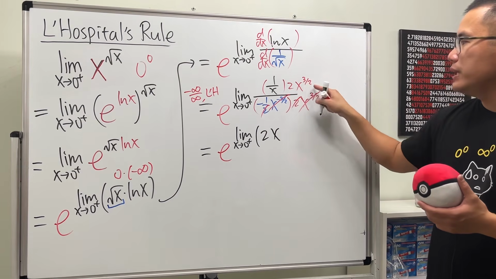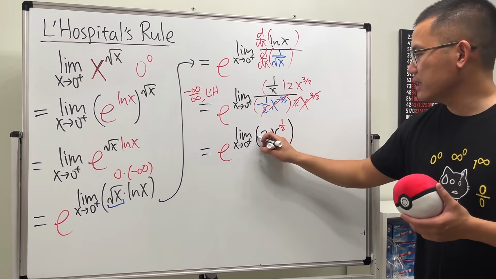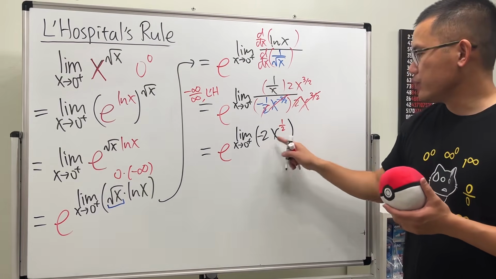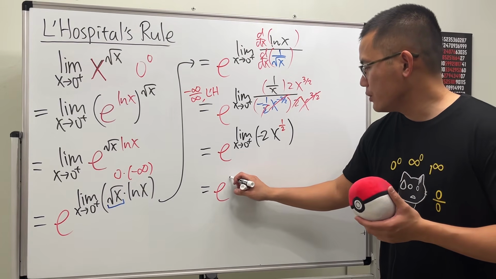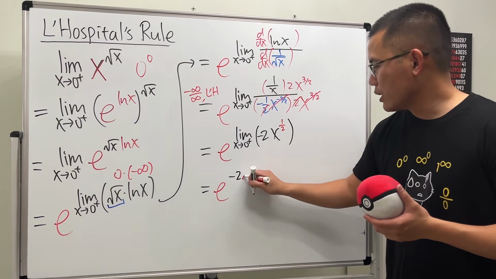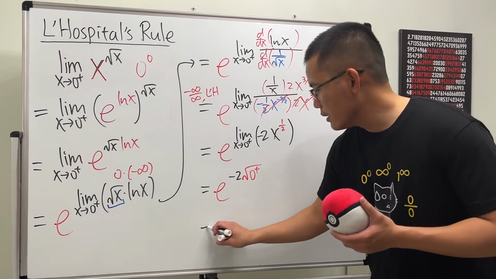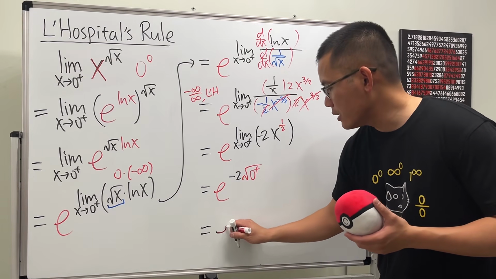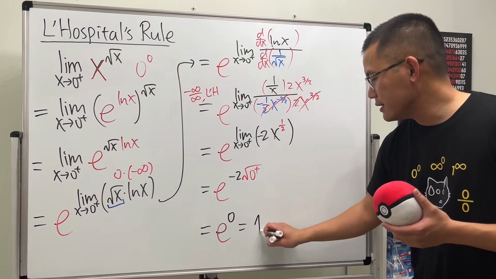And then 3/2 minus 1, we get a 1/2. And don't forget, we still have the negative. And put a 0 in here, so we are going to get e, and then we have -2, and that's the square root, and then 0 plus, which is just 0, e to the 0th power. Yeah. So ladies and gentlemen, the answer is equal to 1.